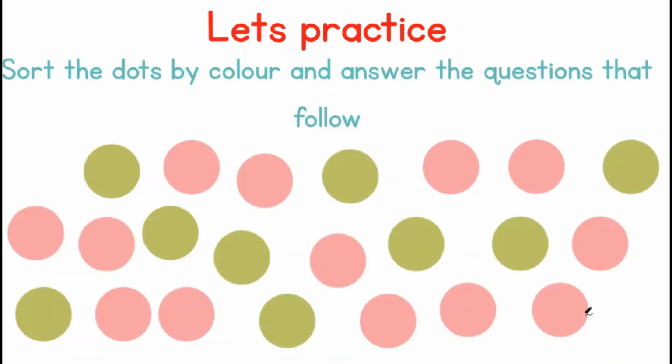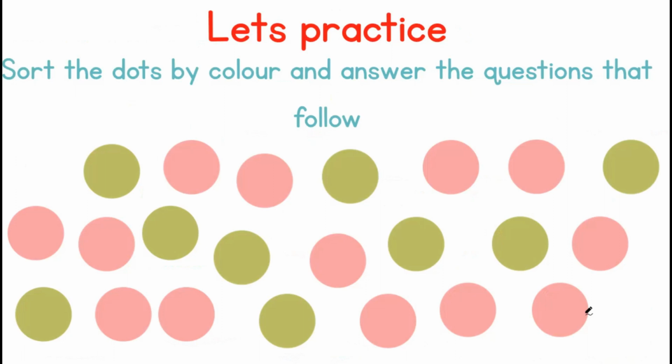Now that we understand that we can sort objects using different ways and different methods, let's practice using dots. Sort the dots by color and answer the questions that follow. Here we have so many dots and it looks so overwhelming because they're just all over the place.